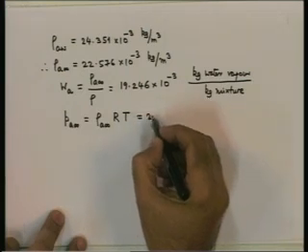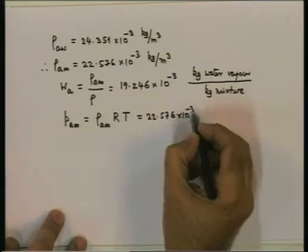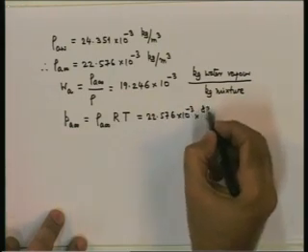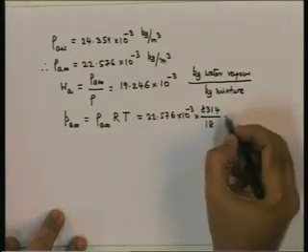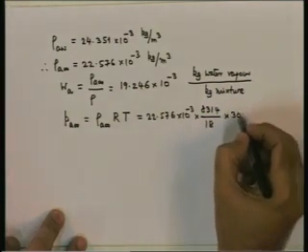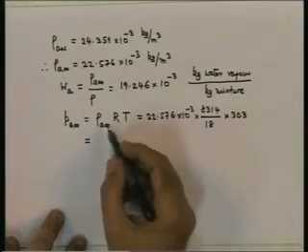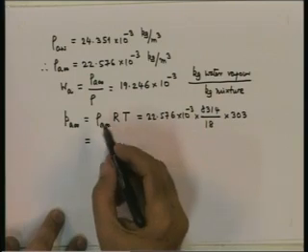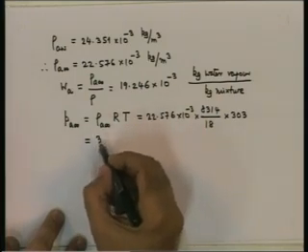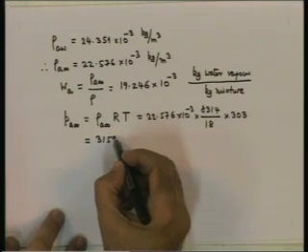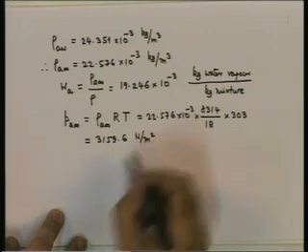This turns out to be 22.576 into 10 raised to minus 3. R is 8314 divided by 18, the molecular weight of water. Temperature in the free stream is 303 Kelvin. So this turns out to be 3159.6 newtons per meter squared.